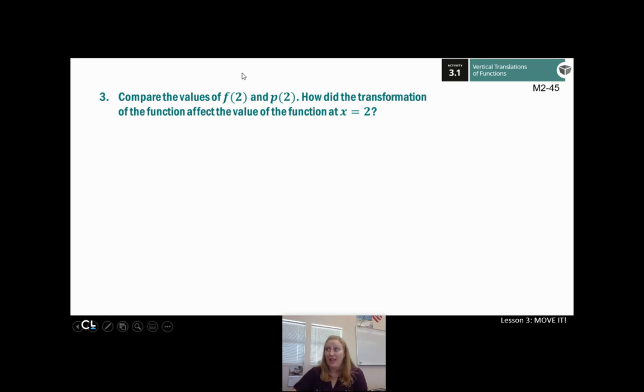So I did f of 2 first. Well, we know that f of x is x. So f of 2 just means everywhere I see an x, I'm going to plug in a 2. So f of 2 is 2. Fair enough. Same thing with p of 2. Now, the only thing is p of x is now x plus 5. If I'm going to find p of 2, that means I'm substituting in a 2, and 2 plus 5 gives me 7.